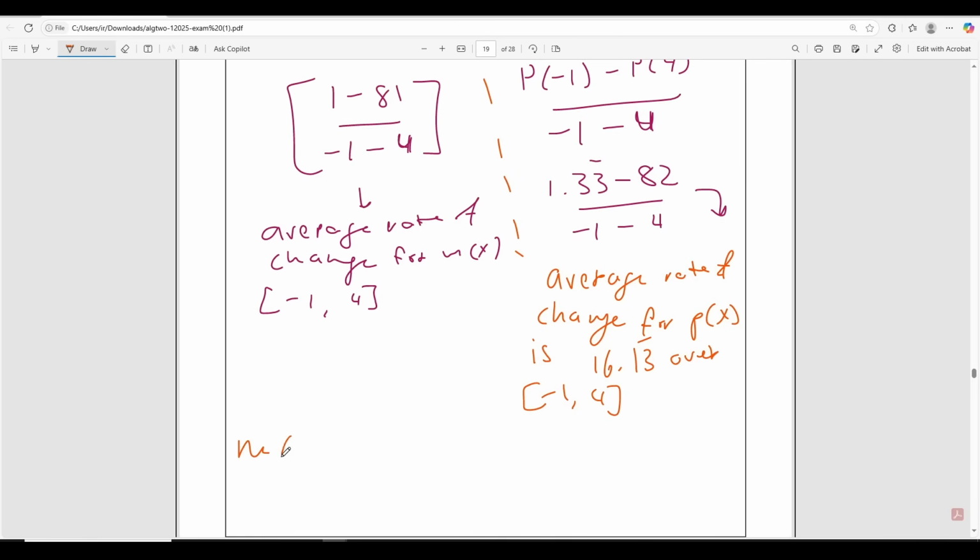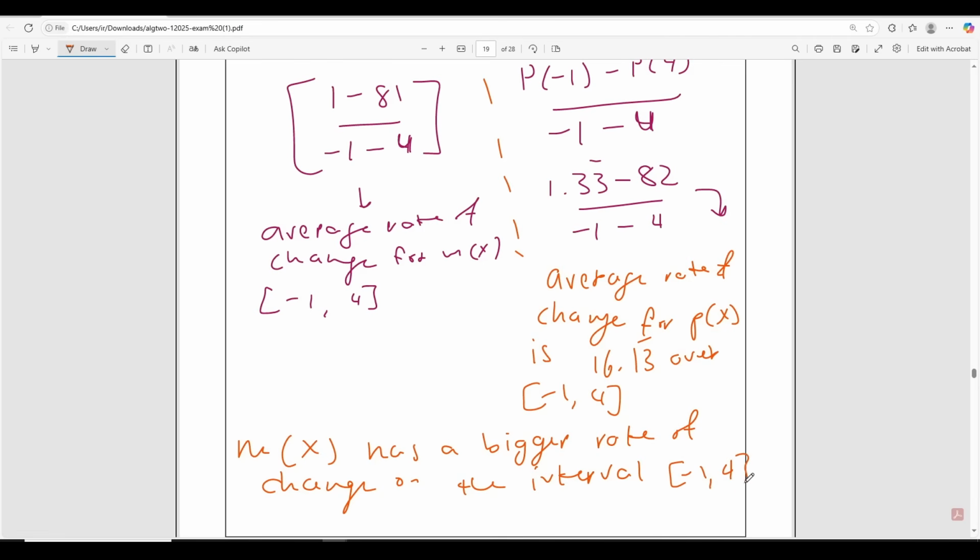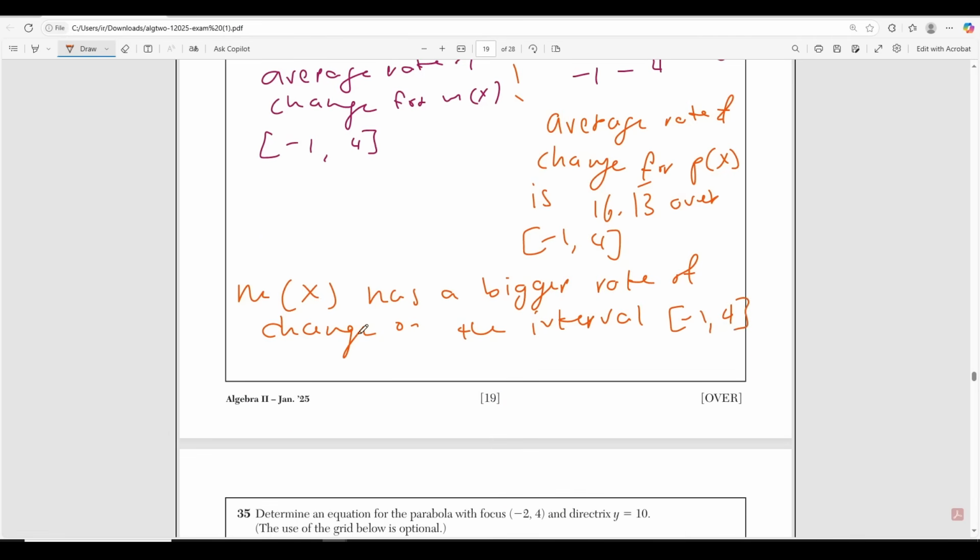Well, obviously m of x has a bigger rate of change on the interval negative 1 comma 4, and then our justification here is that positive 20 is greater than 16.13 repeating, right? That's my answer.